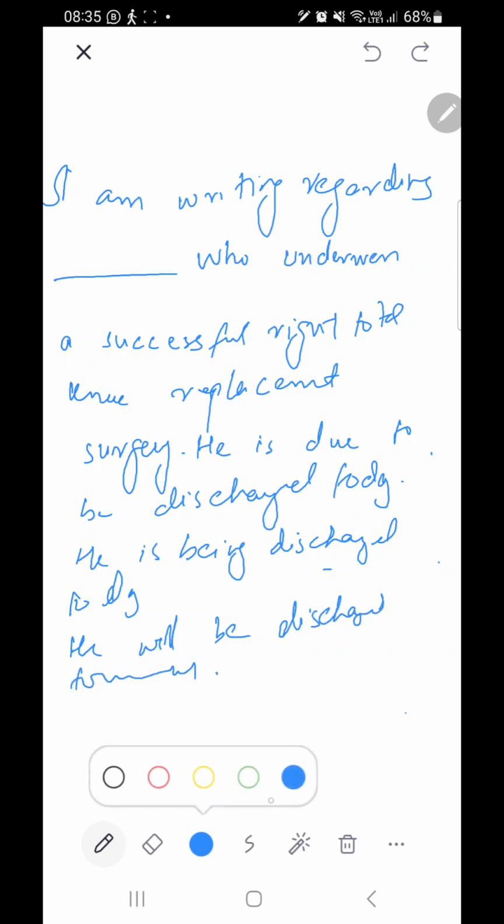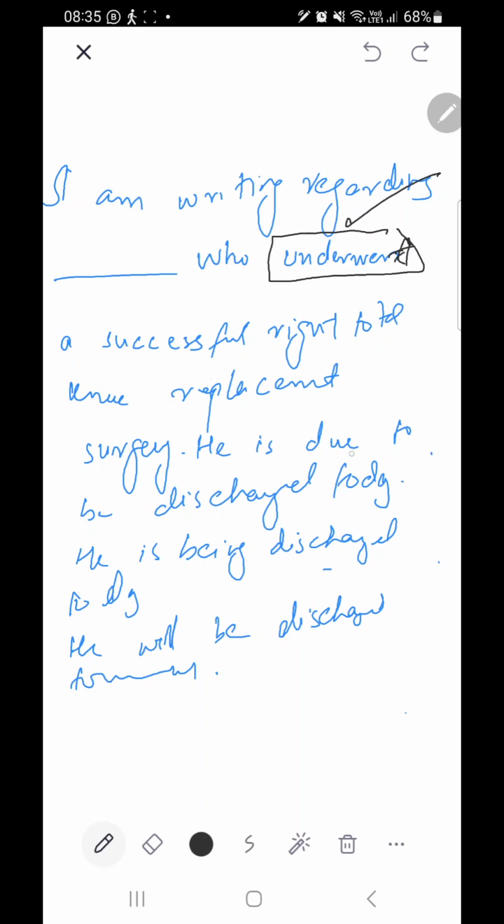So these are a few circumstances that we can encounter with the grammatical example. We can see that this is past simple, underwent, sorry, this is past simple, and this can be in the present tense, and this can be in the future tense. Now we have a practical example to use different tenses in the introduction part.